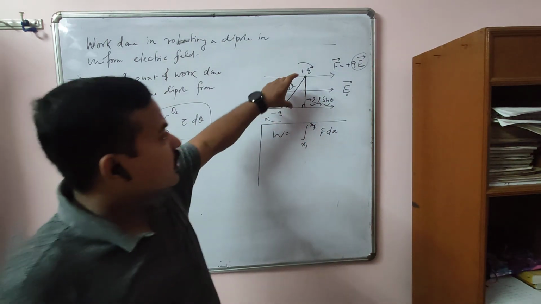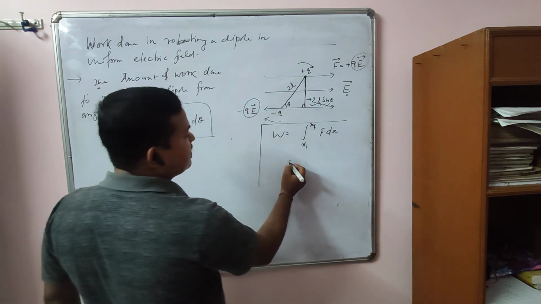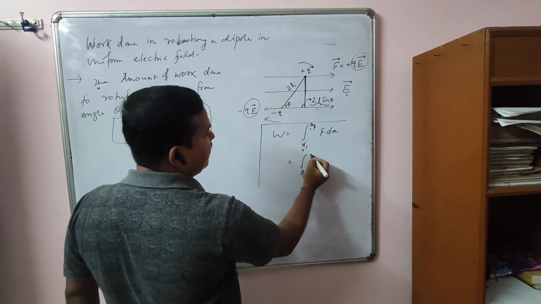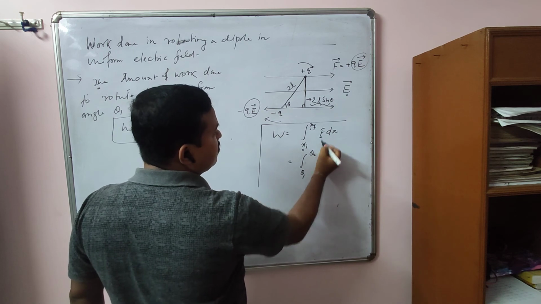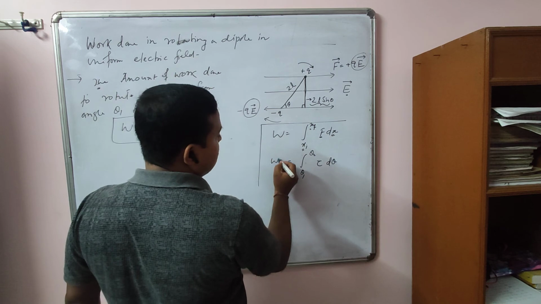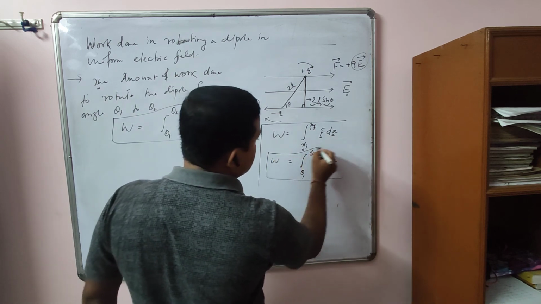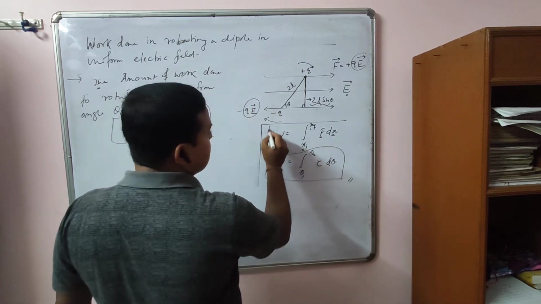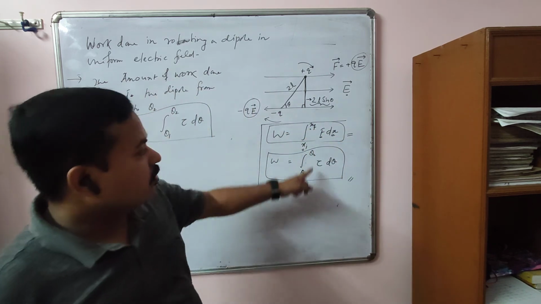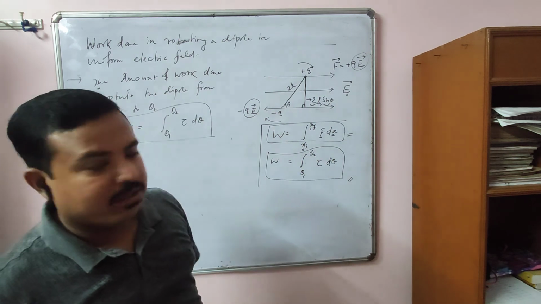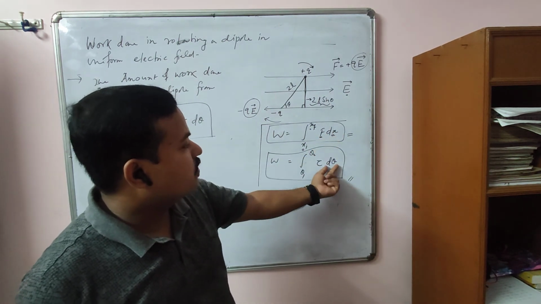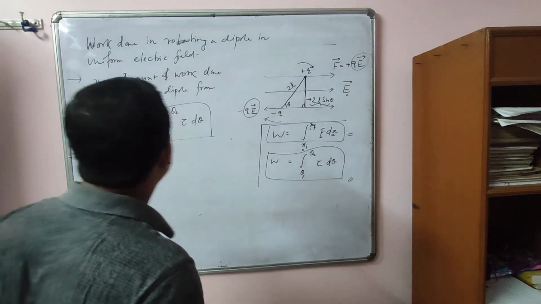Now here it is in rotational motion, so you just replace initial position with initial angle theta 1, final position with final angle theta 2, and force with torque, and distance with angular distance. So this is the formula of work done in rotational motion, and that is the formula in translational motion. In rotational motion, force is replaced by torque, and linear displacement is replaced by angular displacement.